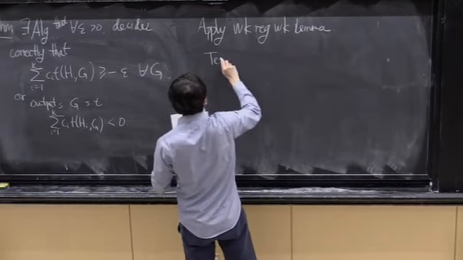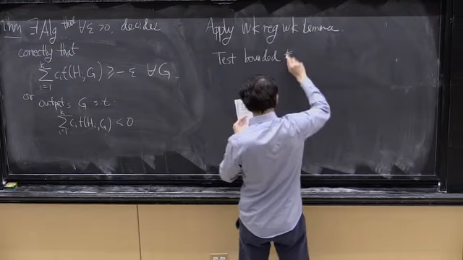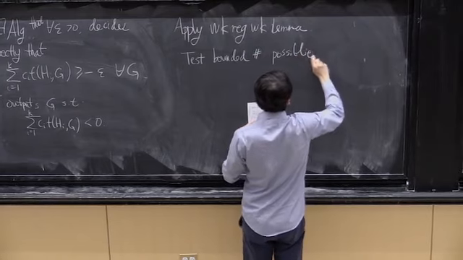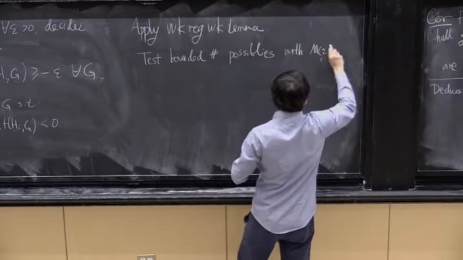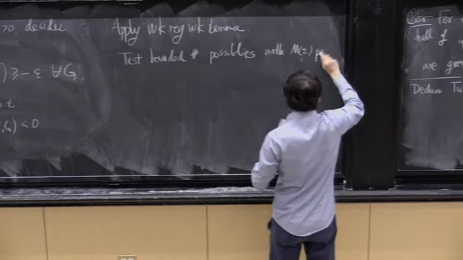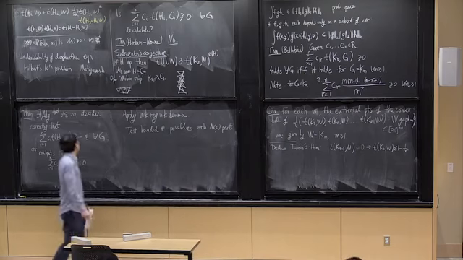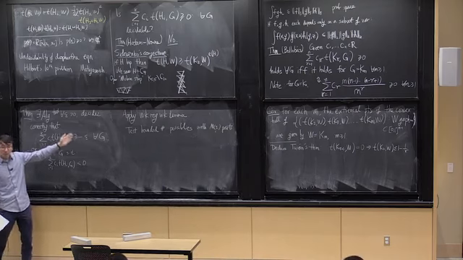And then we can test the bounded number of possibilities with some fixed number of parts. And by the counting lemma, you lose some epsilon error.